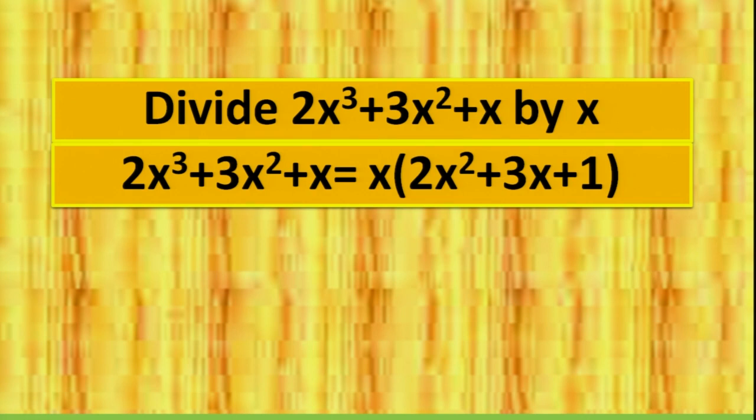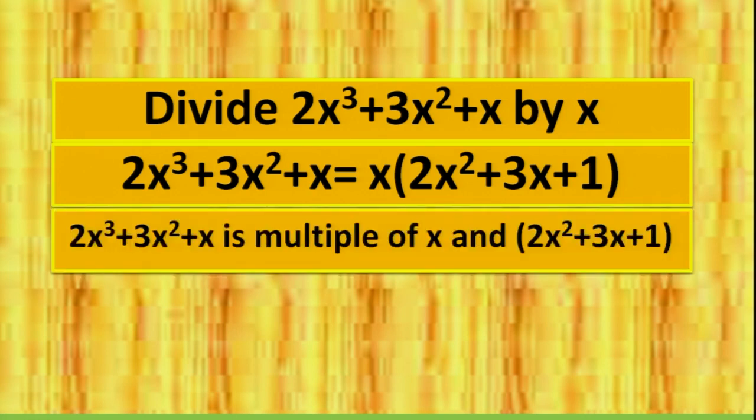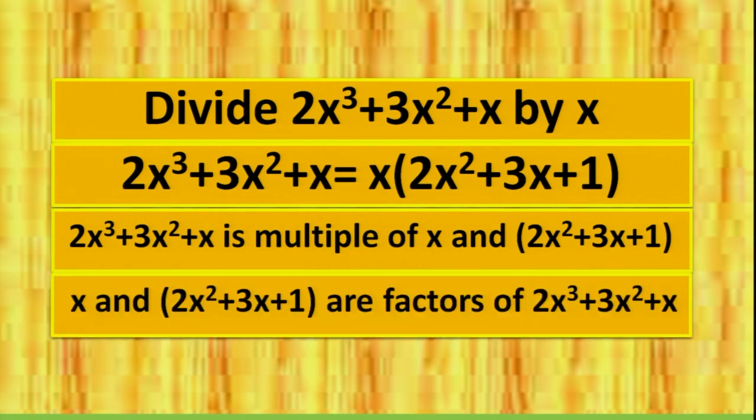In this case, x is a factor of the polynomial, which is a multiple of x and of 2x square plus 3x plus 1; vice versa, x and 2x square plus 3x plus 1 are factors of 2x cube plus 3x square plus x.